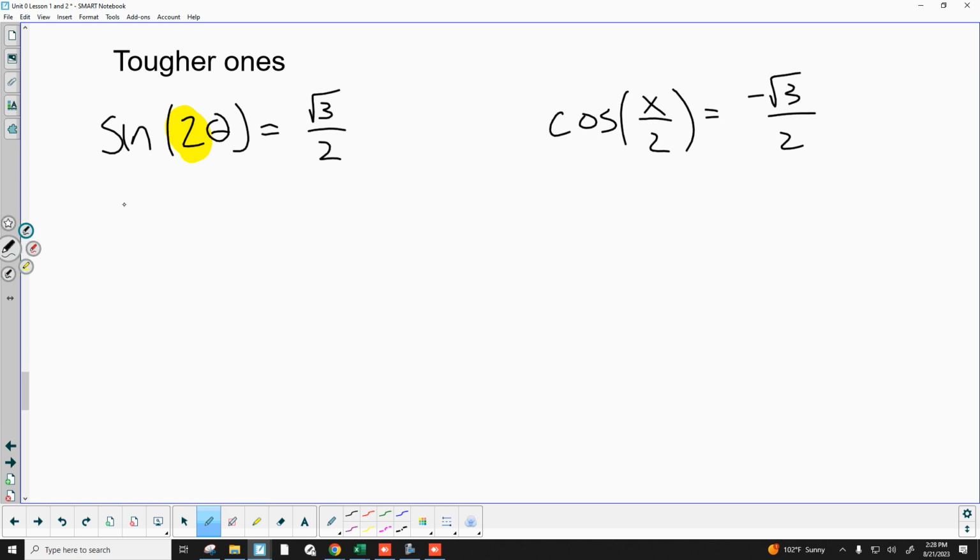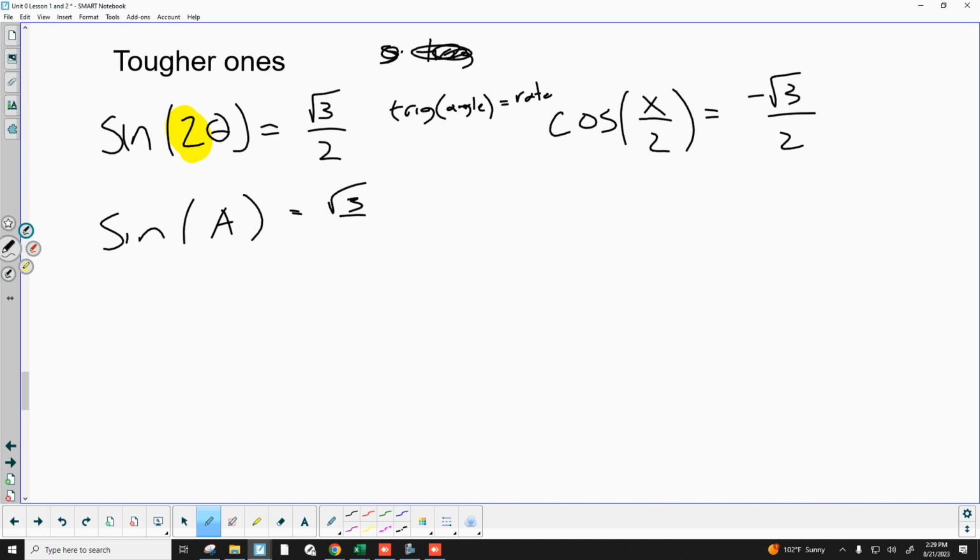Now remember, it's a trig function of an angle that equals a ratio. Well, let's just change this question to the trig function of some angle equals this ratio. Let's ignore the 2 for now.